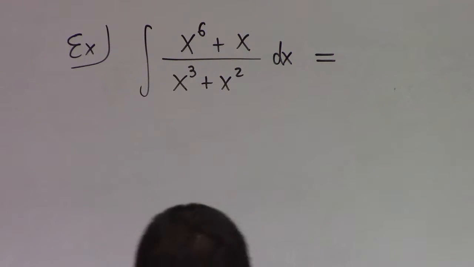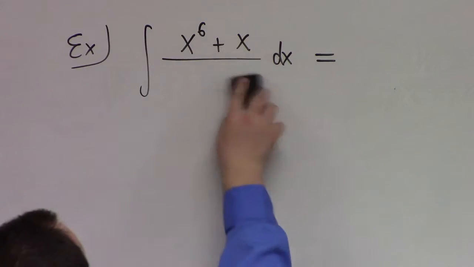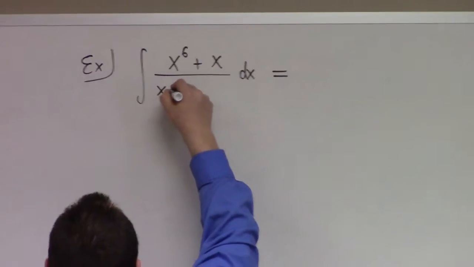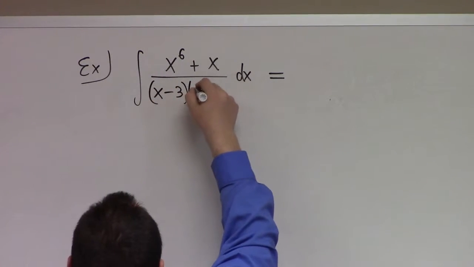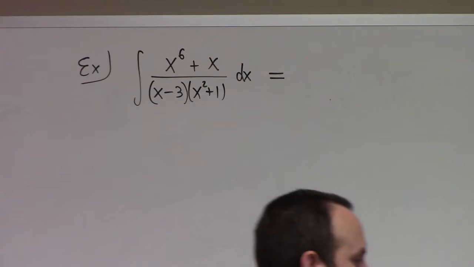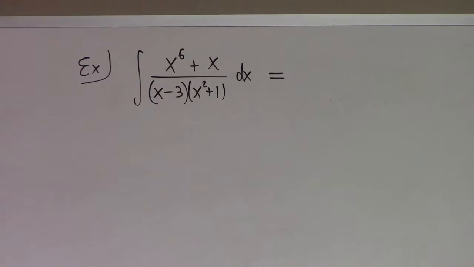Maybe I should make it a little bit more complicated. Let's say x minus 3 times x squared plus 1. That's probably better. I mean, we can do harder examples. This is kind of middle of the road.